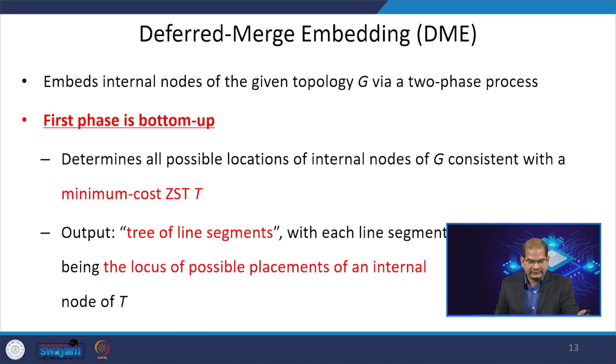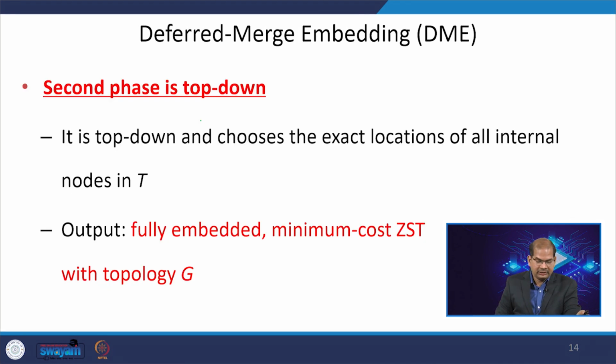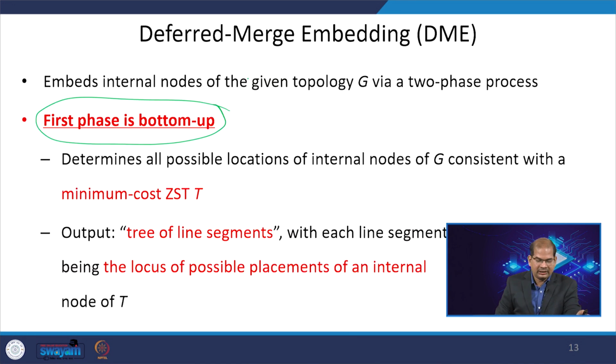Now, this algorithm, the deferred merge embedding algorithm, has two phases. The first phase is a bottom-up approach and the second phase is a top-down approach. We will discuss one phase at a time.